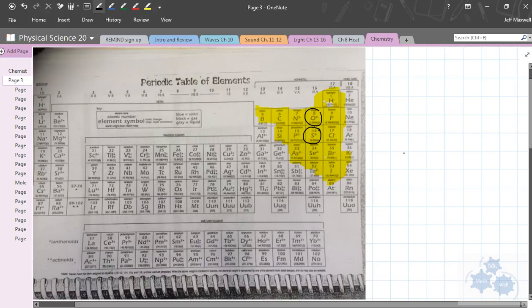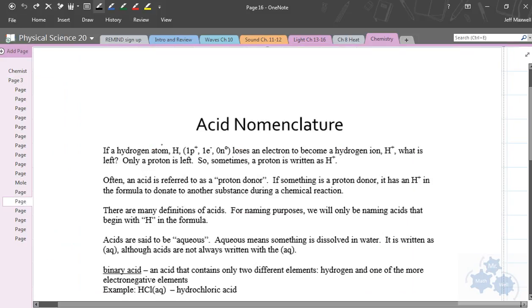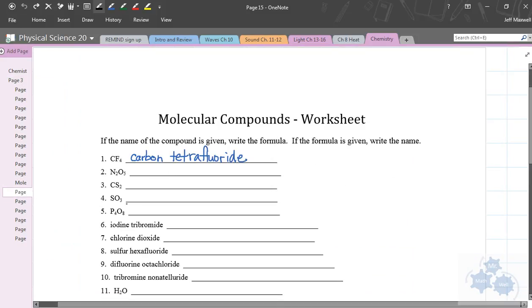These are two nonmetals, and so they're going to be molecular compounds. So, sulfur, and then what do I put here? How do I say 3 oxygens? Trioxide. Very good. This is pretty easy, hey? Pretty easy.